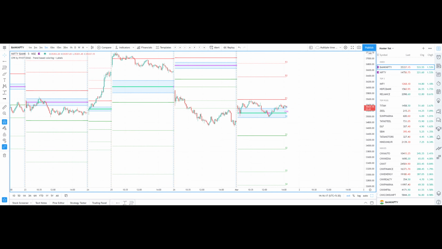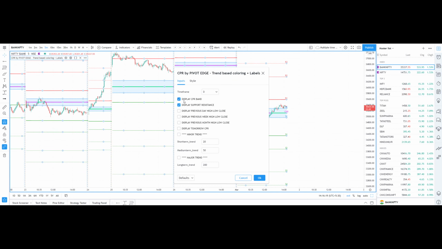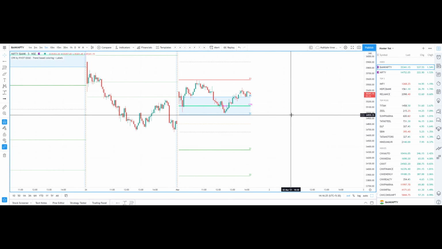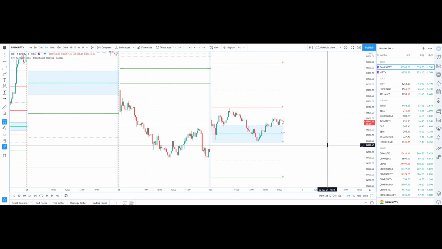The next is previous day high low close. Since I already mentioned, the complete theory of pivots is derived from the prior session's data, that is the high, low and close. So that still acts as a very key level where the price can take an important reaction.